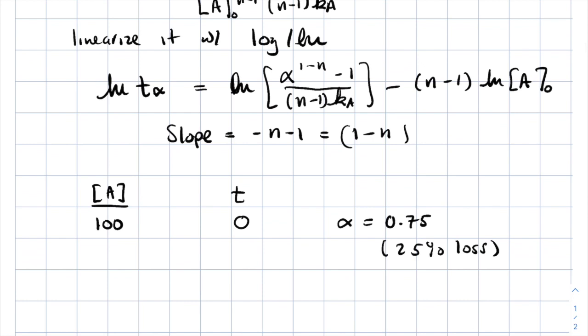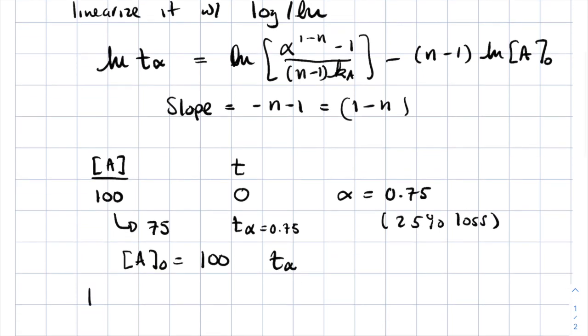So what we want to do here is we want to find the time it takes to go to 75 millimolar or whatever it is. And then this is going to be the T alpha equals 0.75, right? So in other words, the A naught for this pair is 100, and the T alpha would be whatever we measure for that time going to 75.